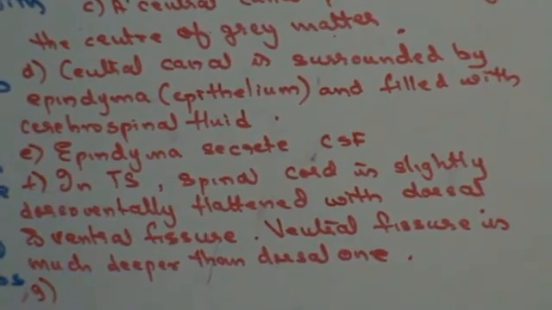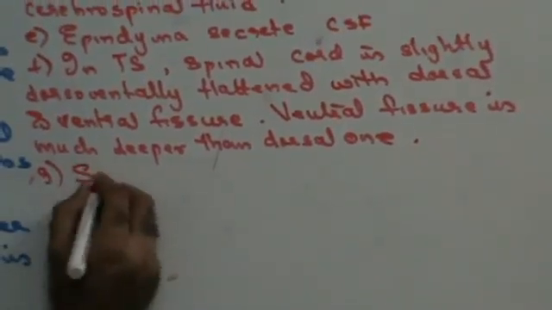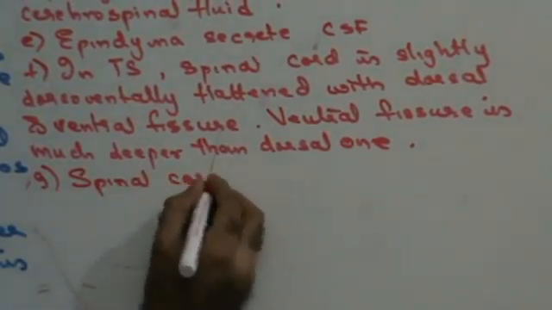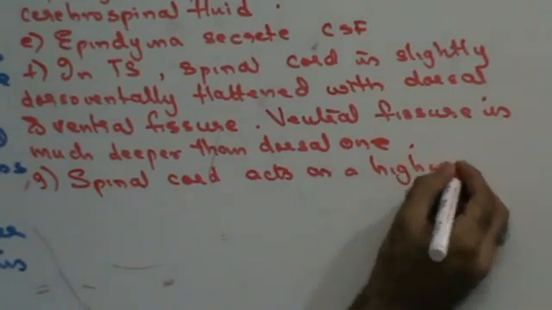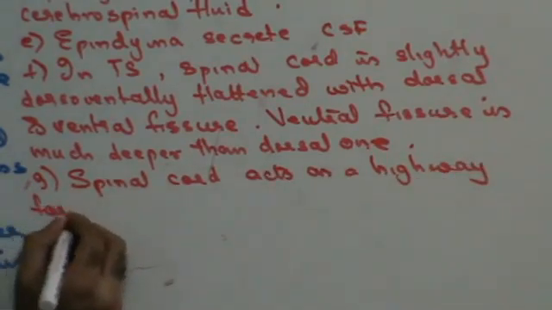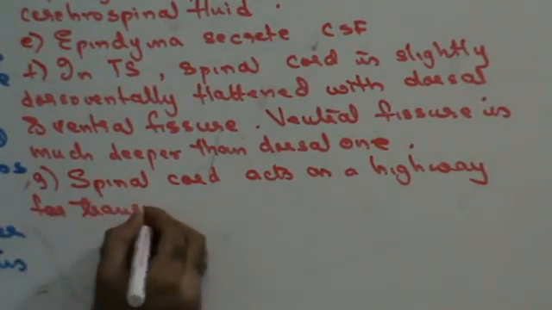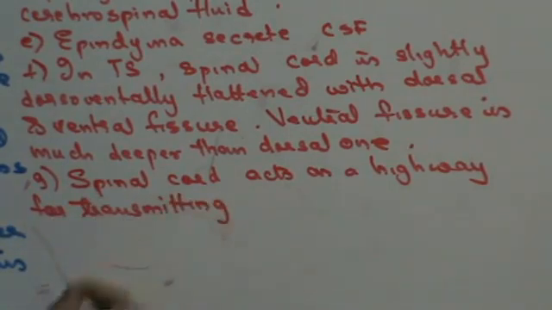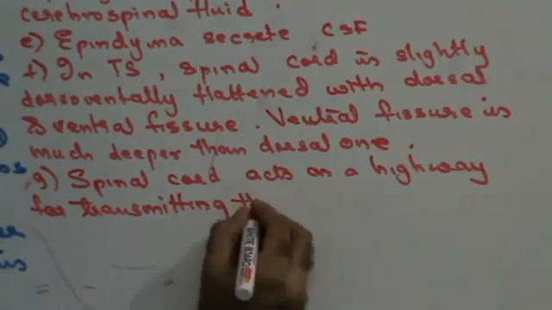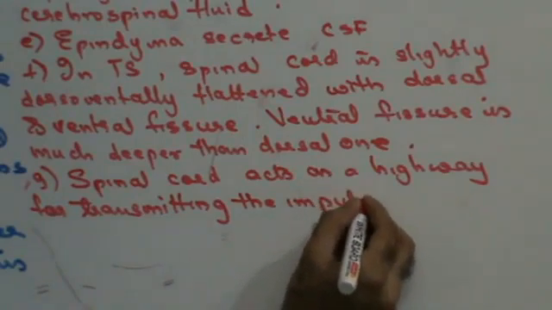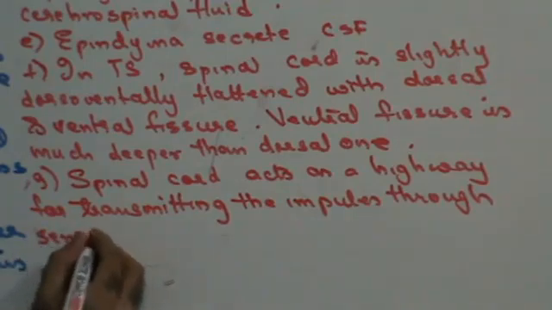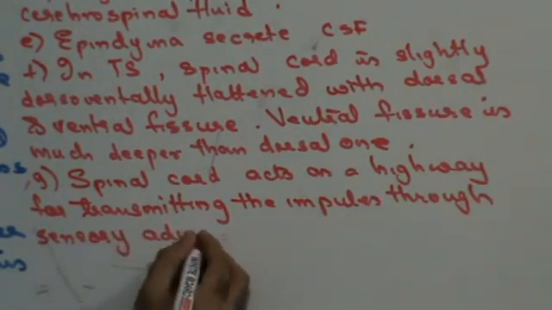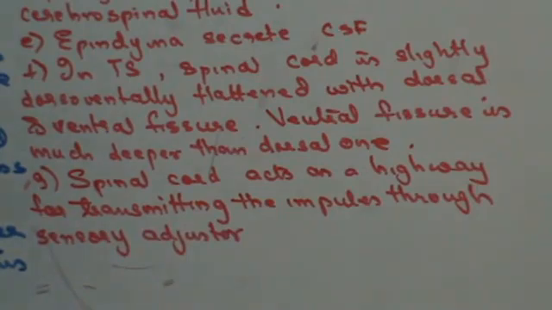Spinal cord acts as a highway for transmitting the impulses through sensory and motor neurons.